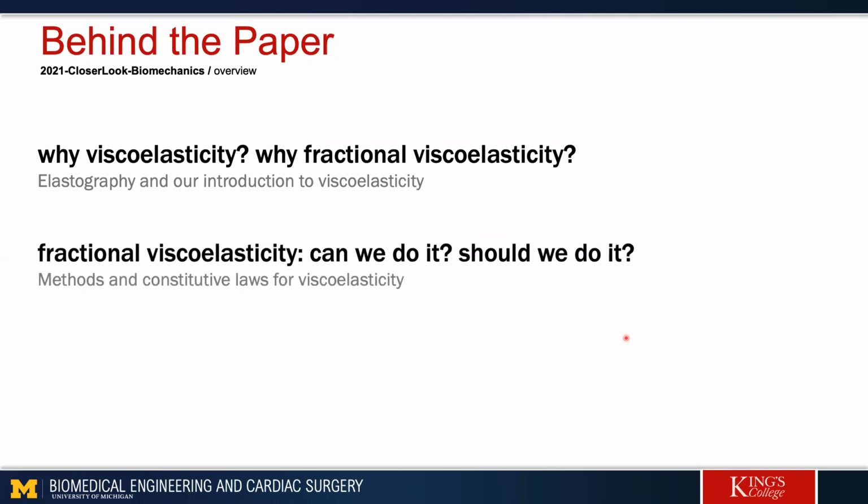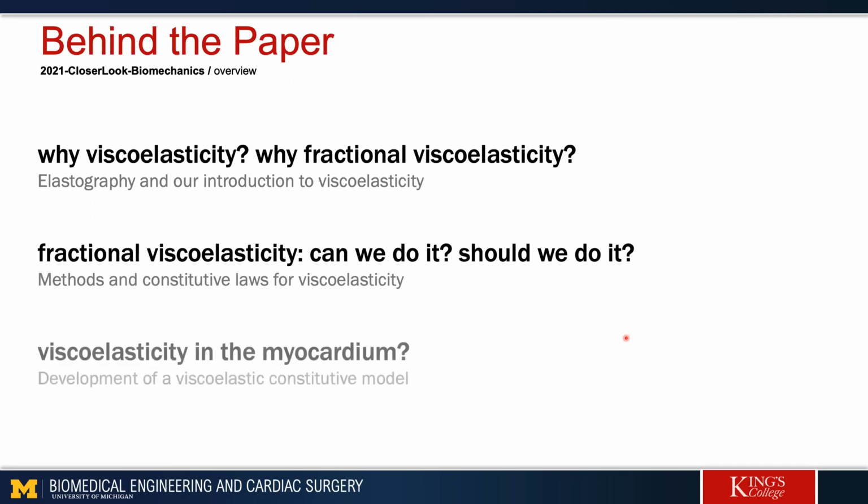Then when we started seeing that type of model in the elastography community, we thought about how could we actually use that, and should we use that in what we do in the modeling world. And then once we got our head around those questions of can we do it and should we do it, we started to think about, well, how do we actually do this for human myocardium? So I basically want to walk you through our path to this paper, and then I'll tell you about the paper itself.